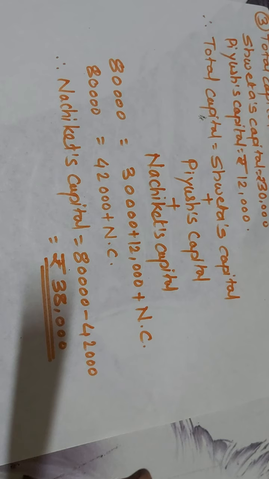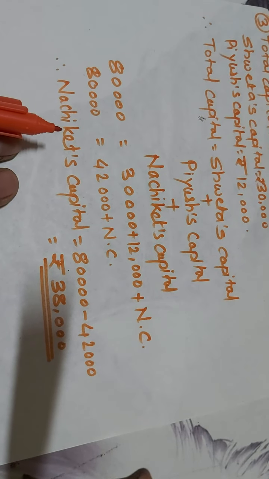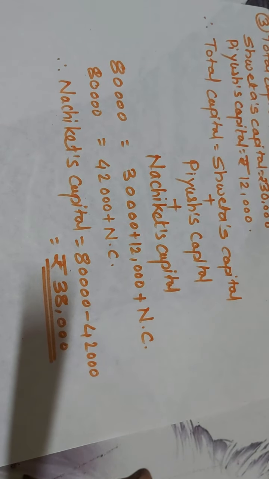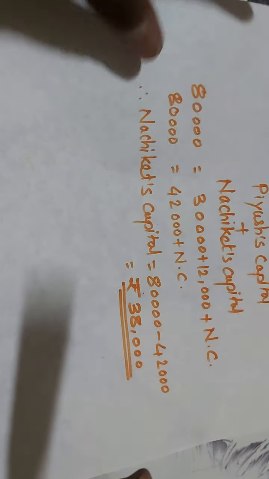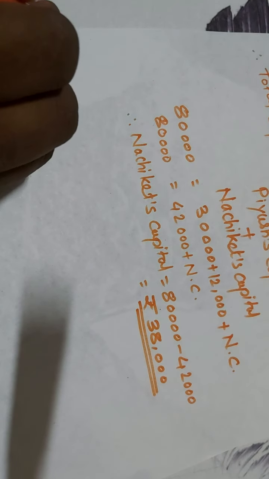They said according to the given data in the example. Now for finding this we need the proportion of capital, but the proportion is not given here, students. So first we write whatever the given amounts are and find the proportion.